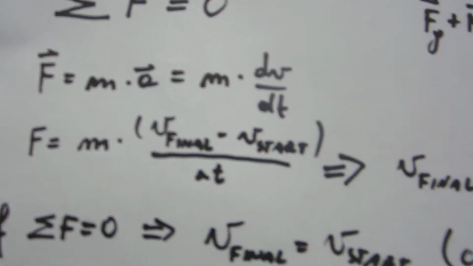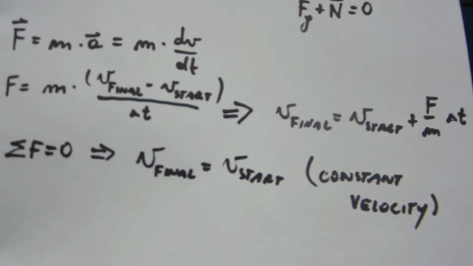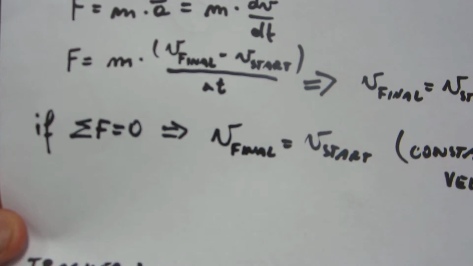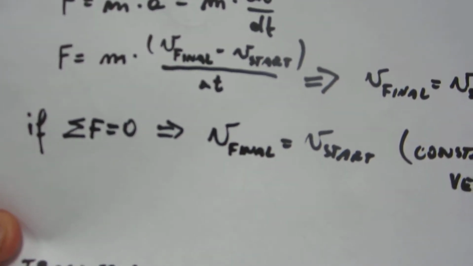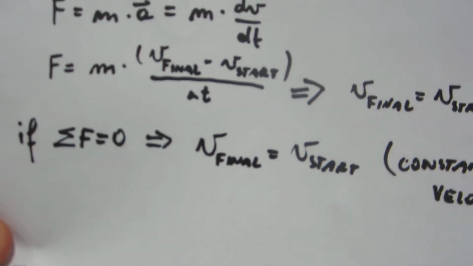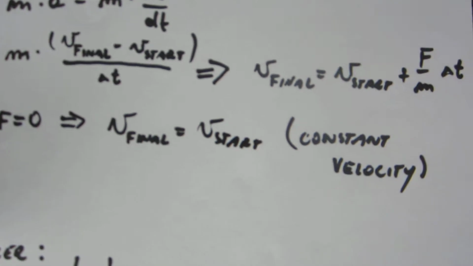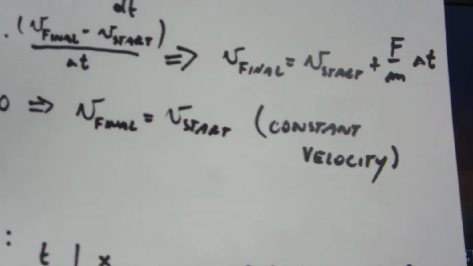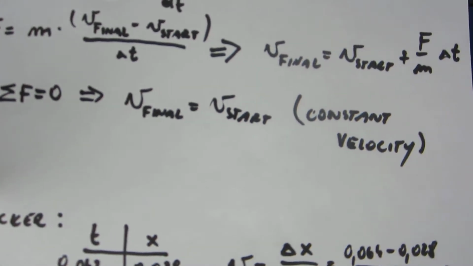If there is no acceleration, then the body moves at constant velocity. Here I use the second Newton's law to prove that.